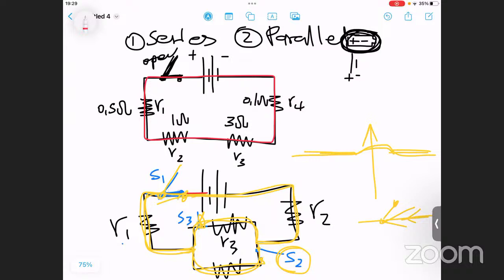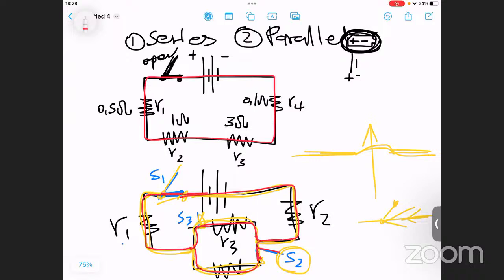But if that switch is closed, it will be able to flow nicely. If that switch is open, it cannot flow through this side, but it will just continue on the other side. The moment you close this switch, part of the electricity will come through this side.